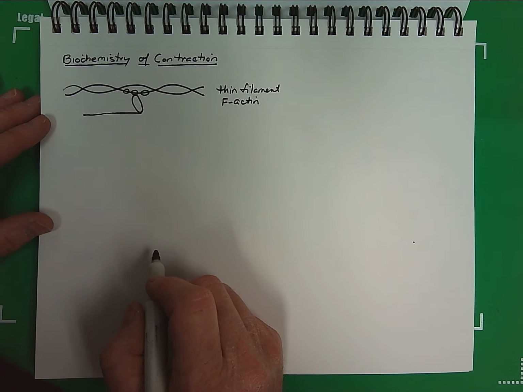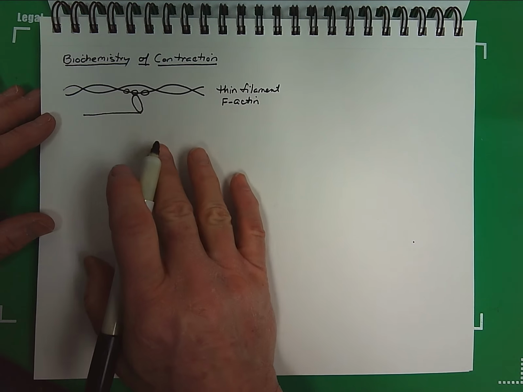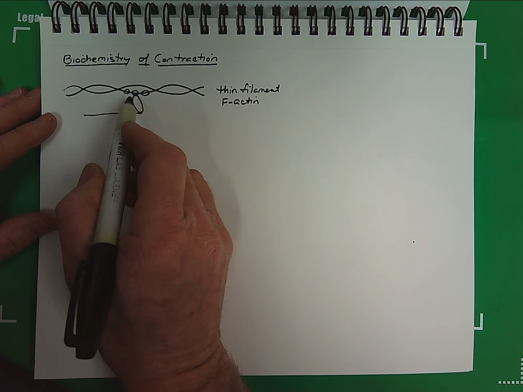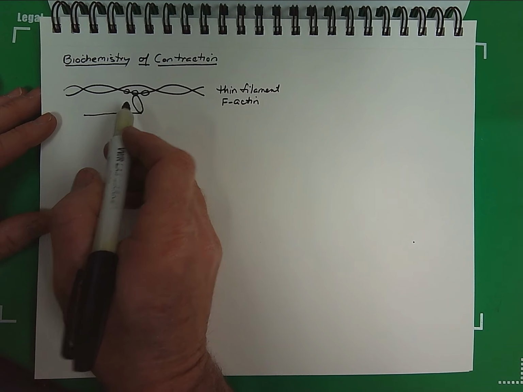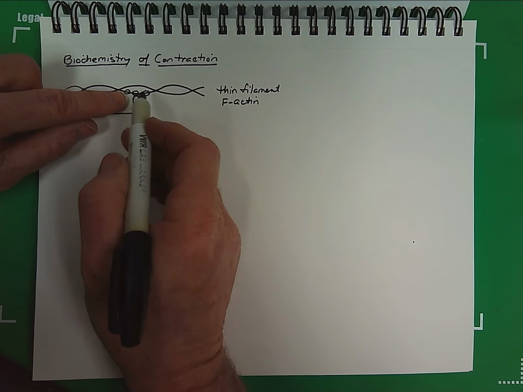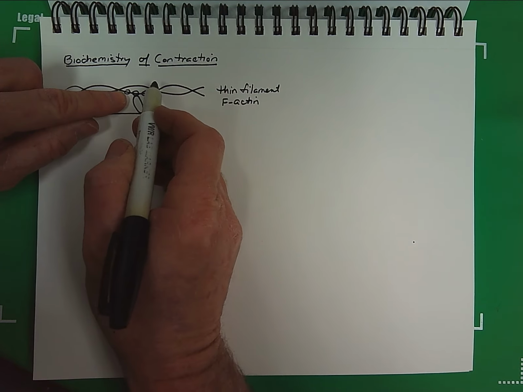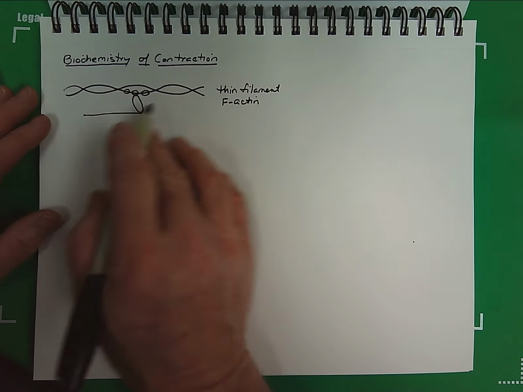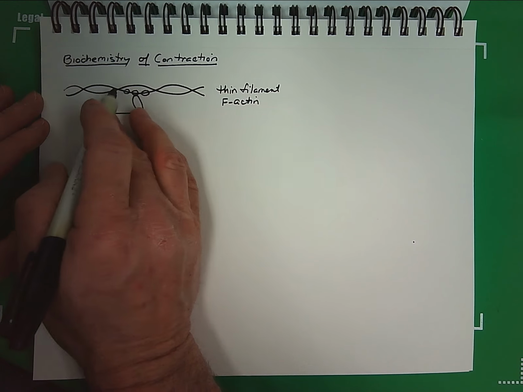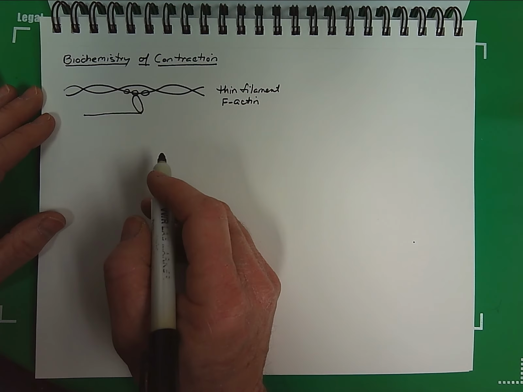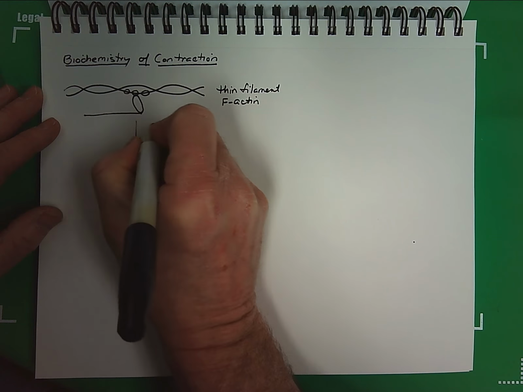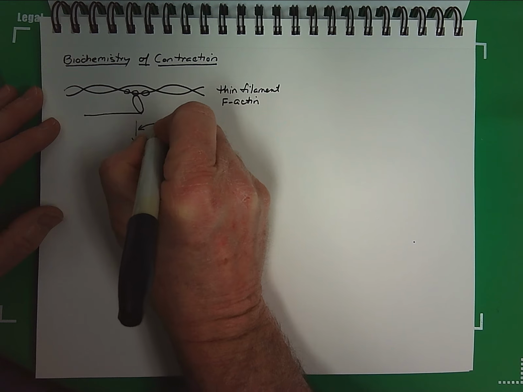Now, in order to perform contraction, what is going to happen is that this myosin head is going to ratchet. It is going to dissociate from the actin, bend, reassociate, move. And in this repetitive action, we'll be able to pull the thin filament. So how does this occur? First thing we need to do is introduce ATP.